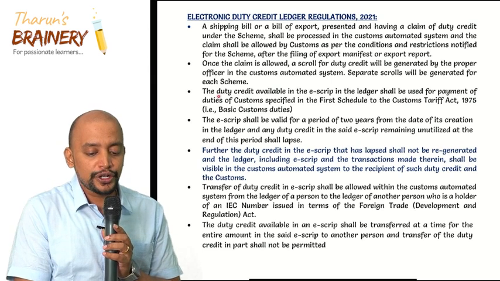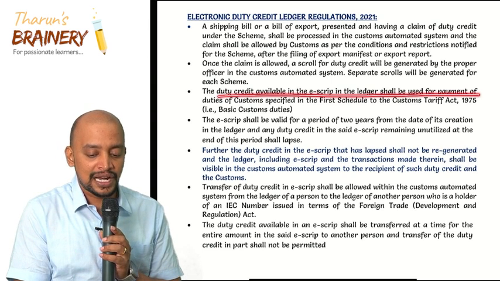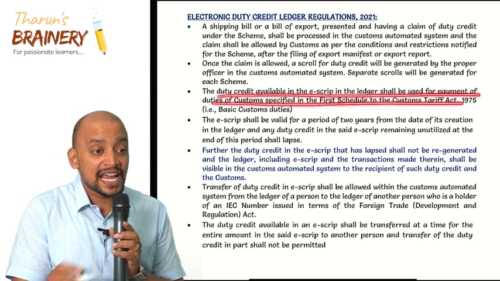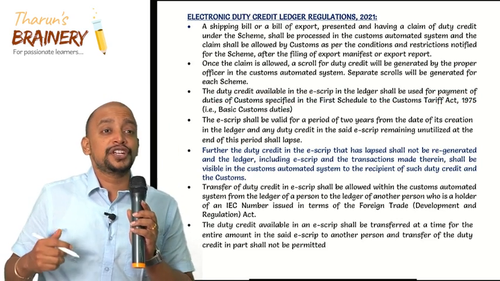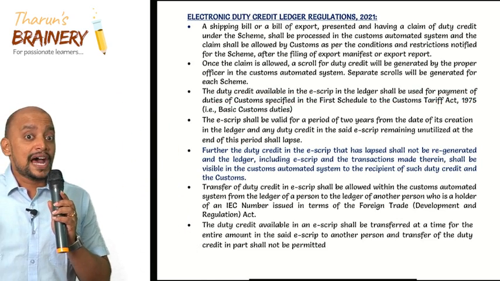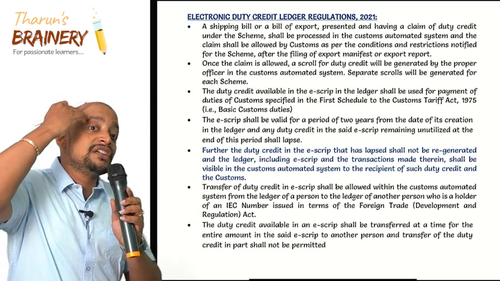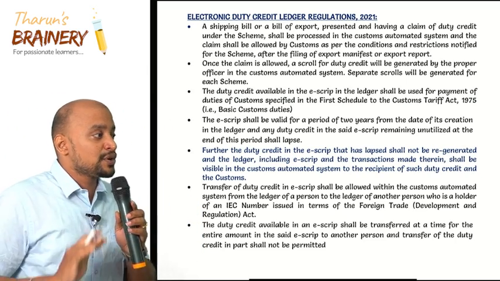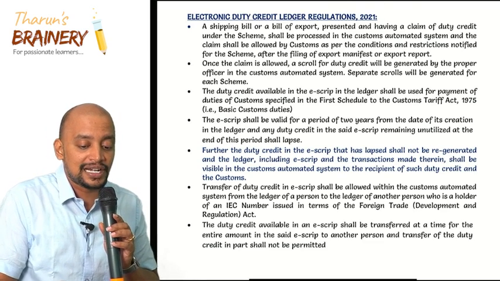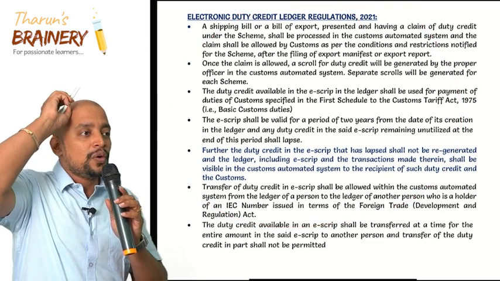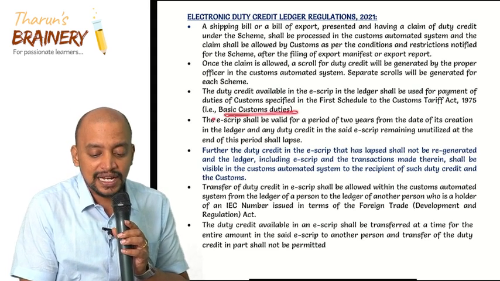Remember, you cannot use the duty credit available in the ledger for payment of any other customs duty. Can you use it for payment of IGST? No. Additional customs duty, safeguard duty, anti-dumping duty? No. Even for social welfare surcharge, we cannot use that. So whatever balance is there in the duty credit ledger can be used only for payment of basic customs duty.